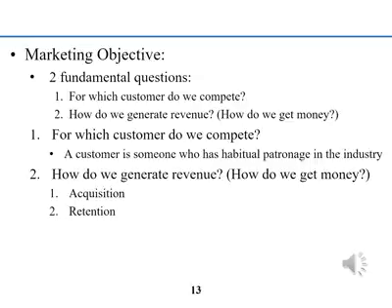The second variable in the strategic quadrants framework is marketing objective. So we're asking, what is the marketing objective that we seek to meet with our go-to-market strategy? And there are two choices. One is acquisition, the other is retention. So in other words, if we are following an acquisition strategy, that means that we are trying to acquire new customers, and we are going to generate our revenue from those new customers.